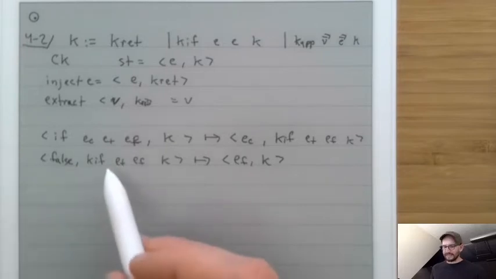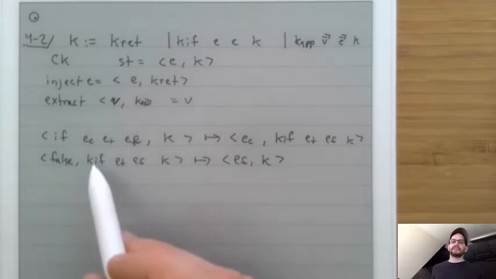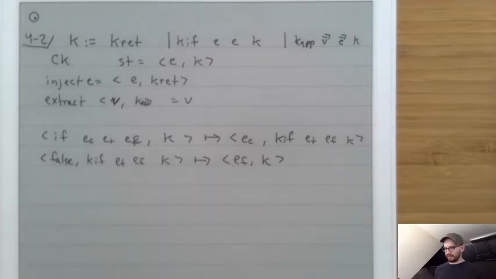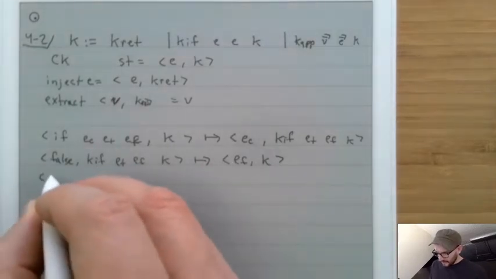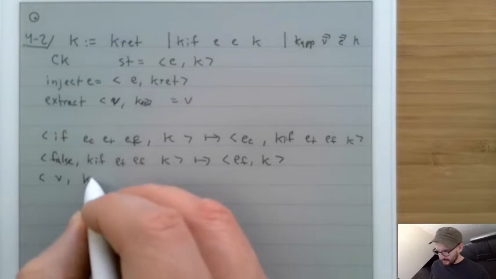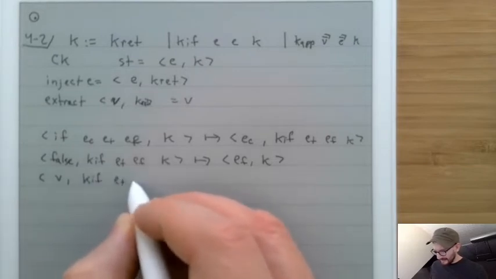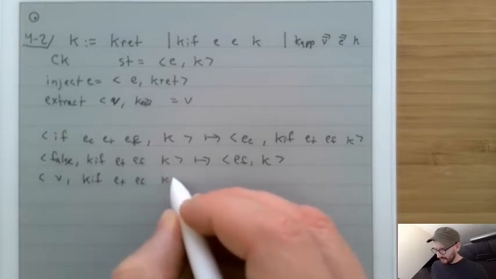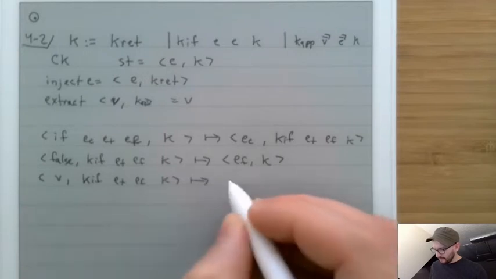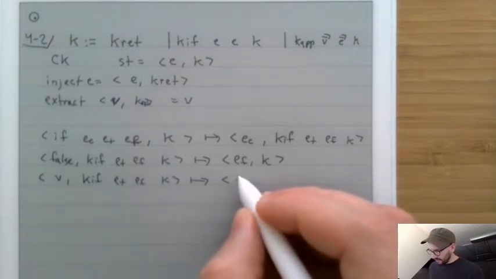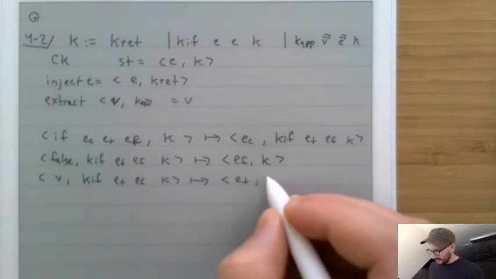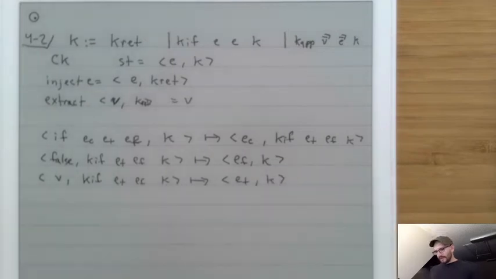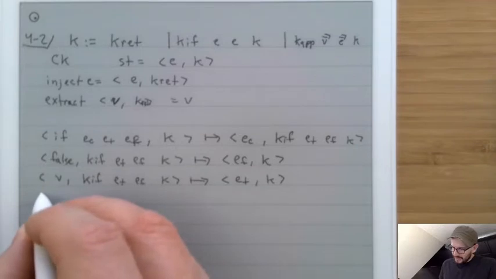Notice that this takes constant time because we can immediately look at that K component and just tell what it is and return the appropriate thing. Next, if there's a V here, KIF, ET, EF, K, then we would just return ET, K. So again, constant work.